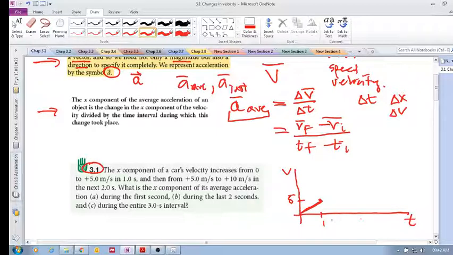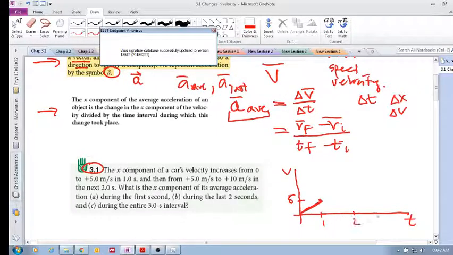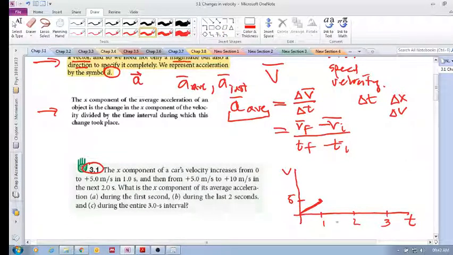Okay, and then if that's 2 and that's 3, then at 3 seconds, let's just try to draw a line up here, we have 10 meters per second. So it then moves to there. Okay, so that is our velocity time curve.